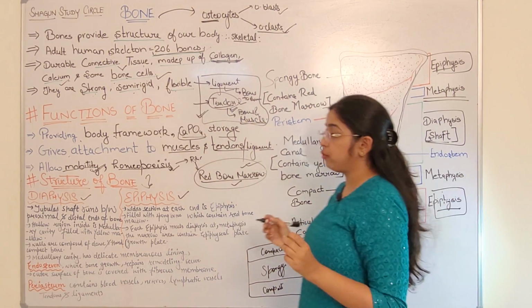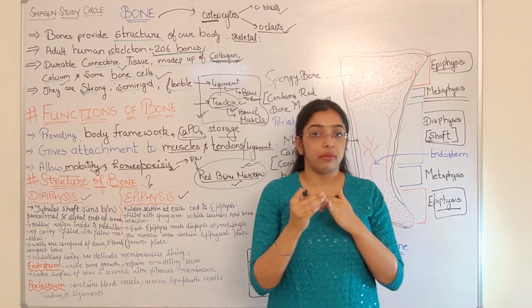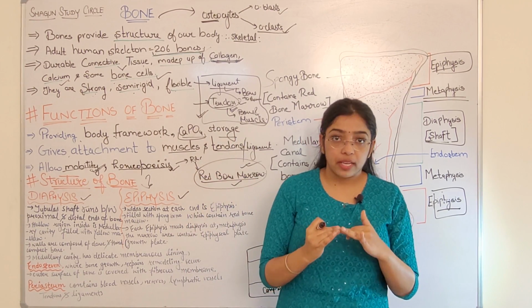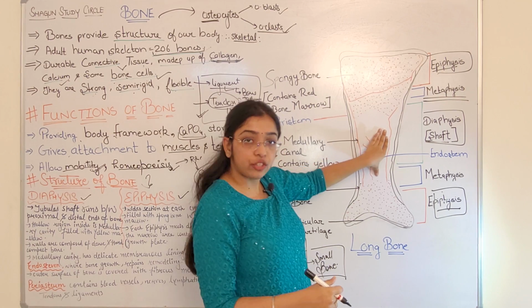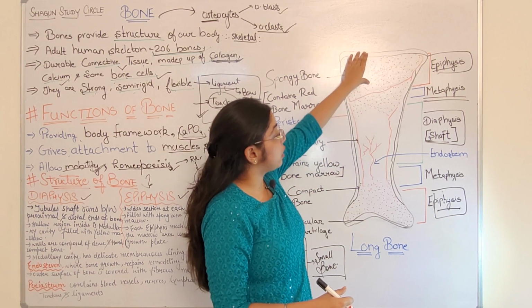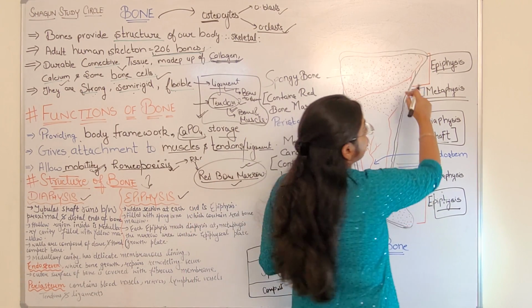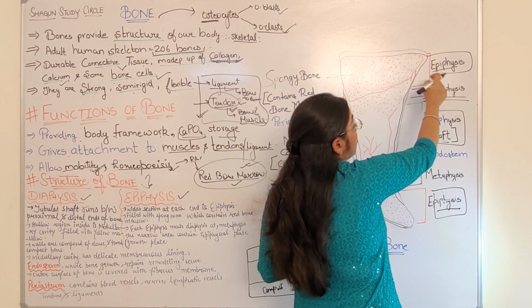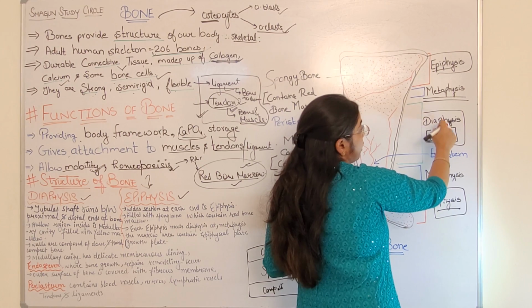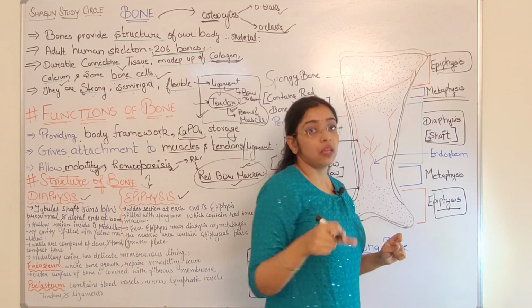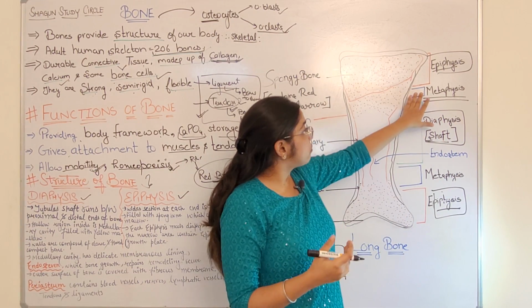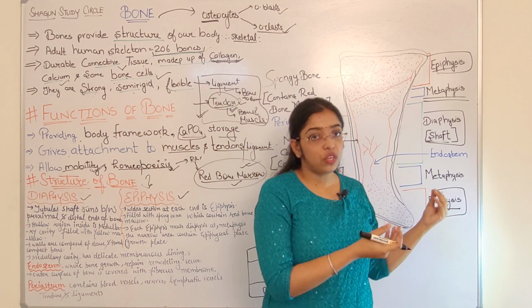These names are quite confusing, so we have to remember diaphysis, epiphysis and metaphysis. Diaphysis is the middle shaft region, epiphysis are the wider ends, whereas metaphysis is the connection between both of them. We'll study the function of metaphysis here.